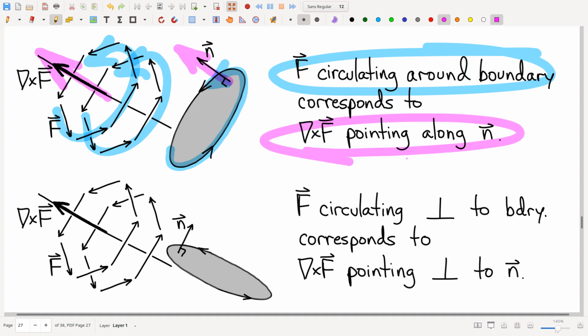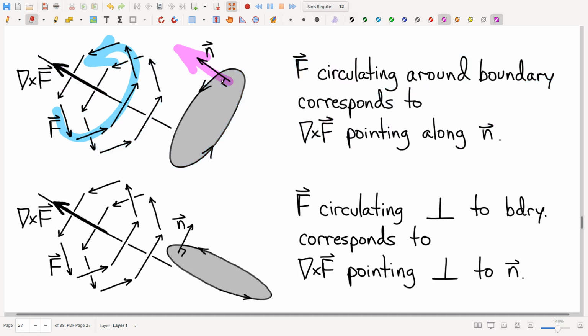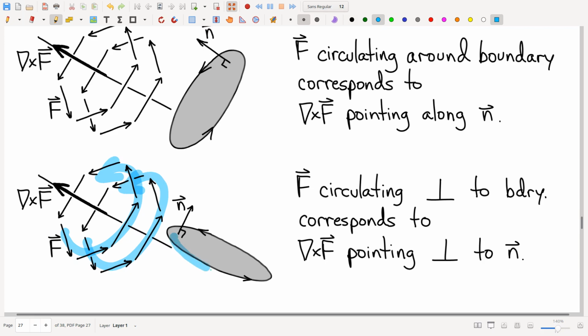Now by contrast, let's consider this second scenario. In this second scenario, the fluid's still doing the same thing, same fluid, but look at our boundary curve. Our boundary curve is just going in a totally different direction. The fluid is doing kind of like this, right? And the curve is doing kind of like this.